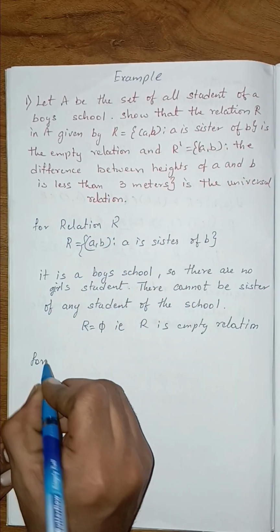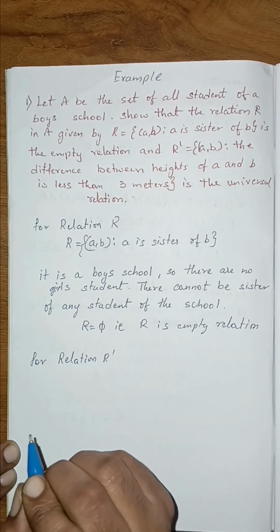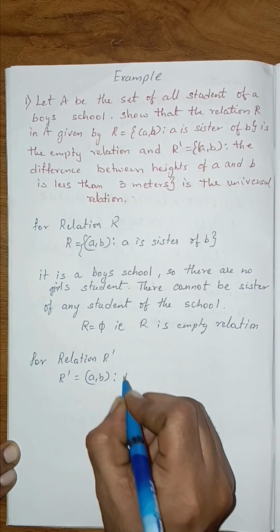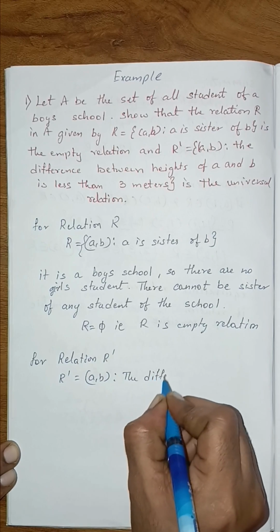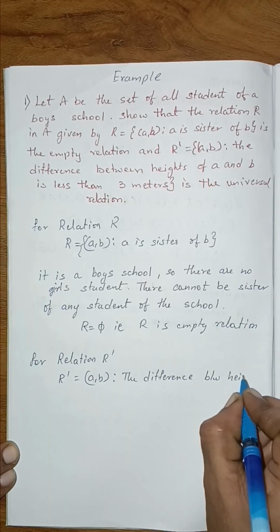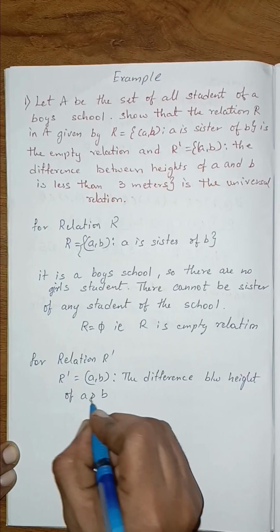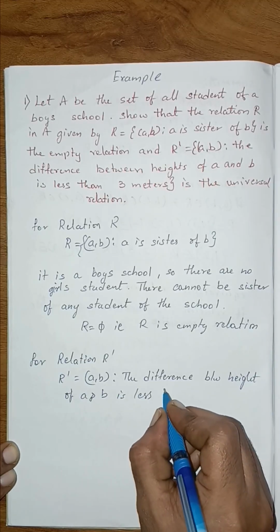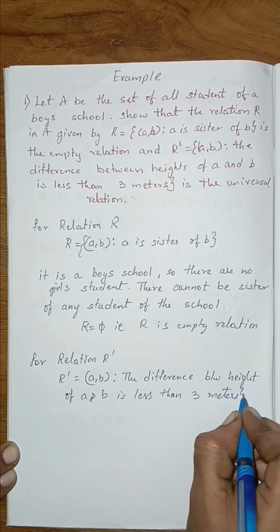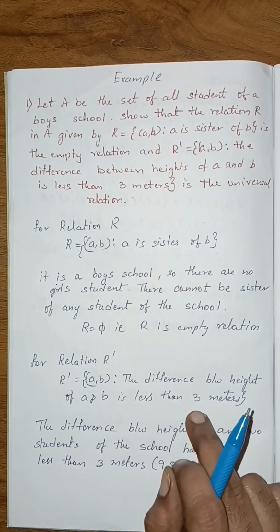So for relation R', the difference between the height of two students should be less than 3 meters.